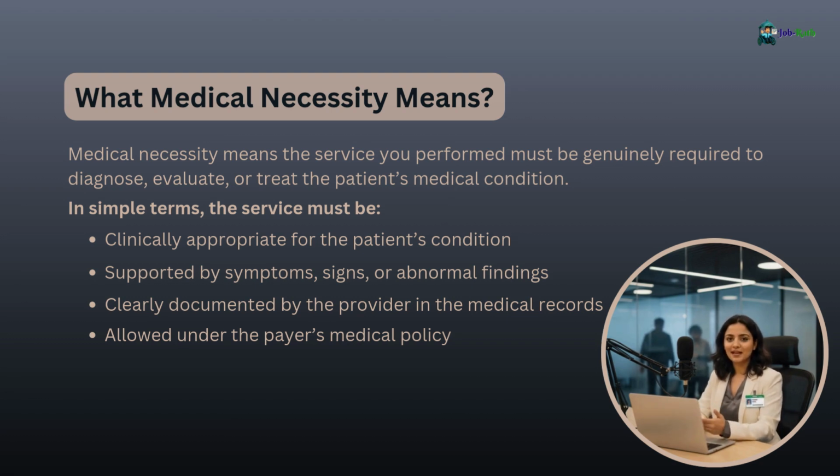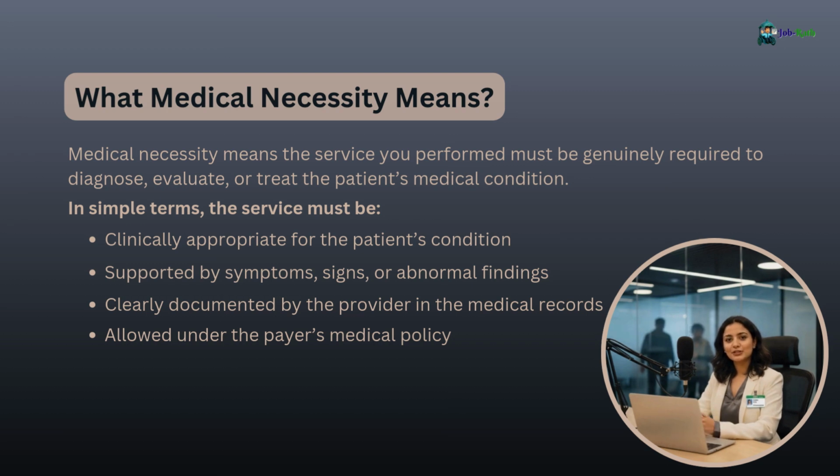denial. For example, imagine two patients receive the same ECG test. Patient 1 gets an ECG without chest pain, shortness of breath, or any related symptoms. Patient 2 gets an ECG due to active chest pain and other cardiac-related symptoms.